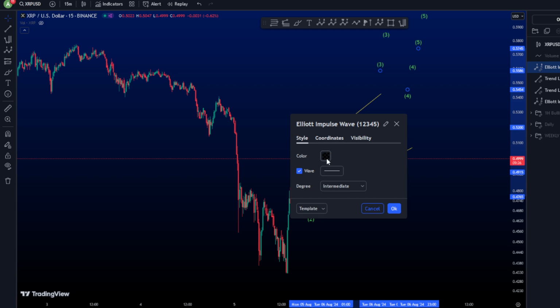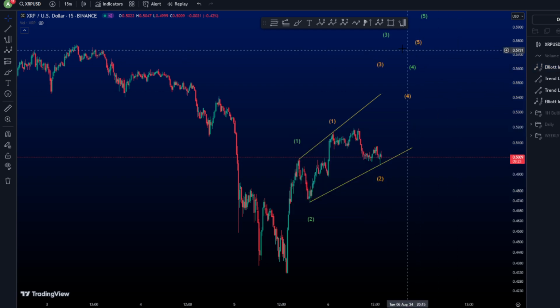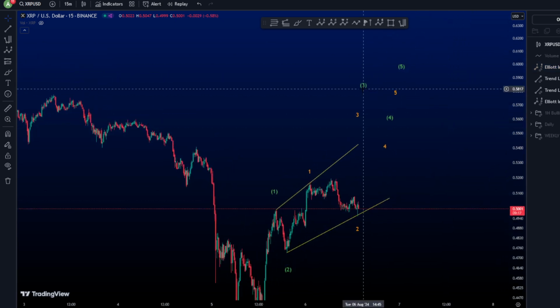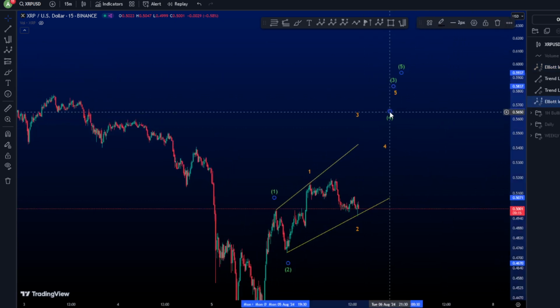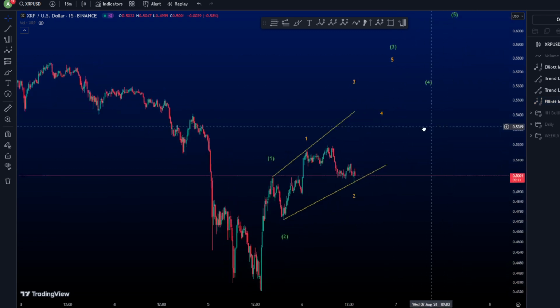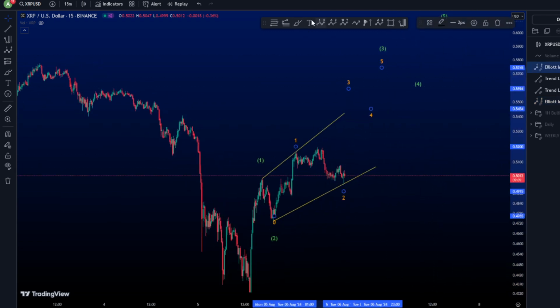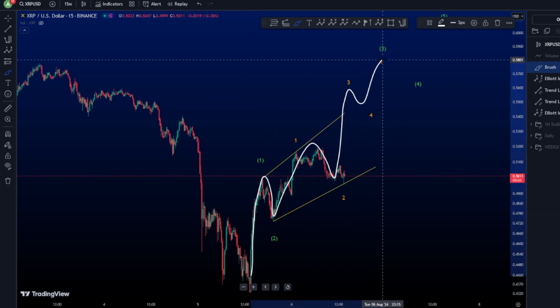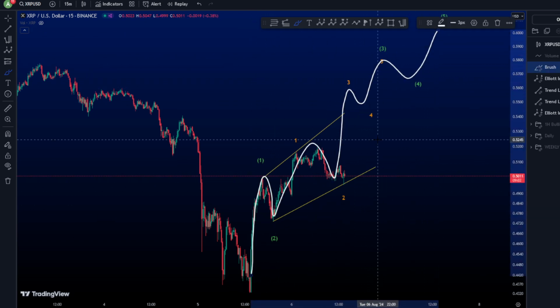Let's put this in orange, and let's put this in minor. So it finished 3 at the 5, the orange 5, and then the 5 there. Here we go. So what we are expecting, of course, is a 1, 2, 1, 2, 3, 4, 5, and 4 and 5 again.